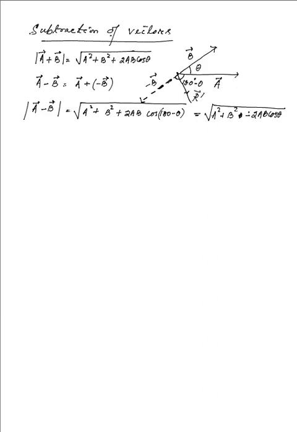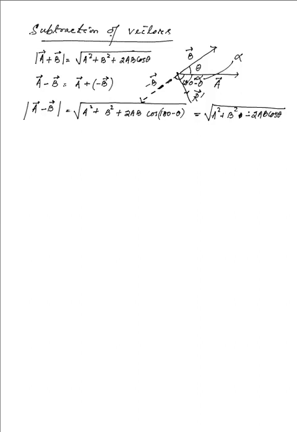Let us say this is R dash, giving me the resultant of A minus B. That resultant obviously makes a certain angle, let that be alpha. Here I take it as alpha, it's overlapping over there, so the angle between A and R dash vector is alpha.